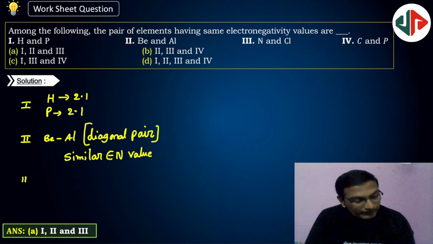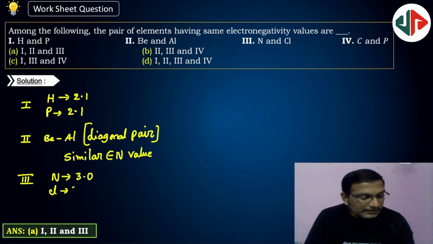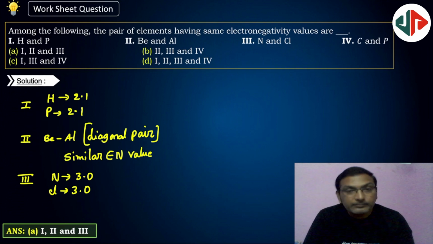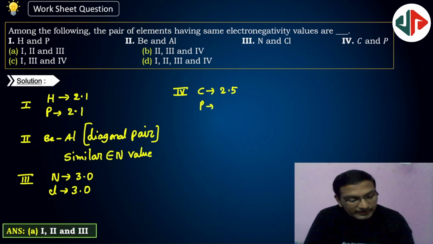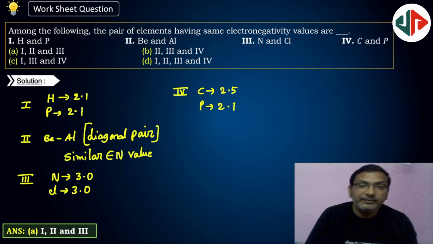Next, third. Nitrogen 3, chlorine also 3 value according to Pauling scale. Next, fourth, carbon 2.5 and phosphorus 2.1. Different values.